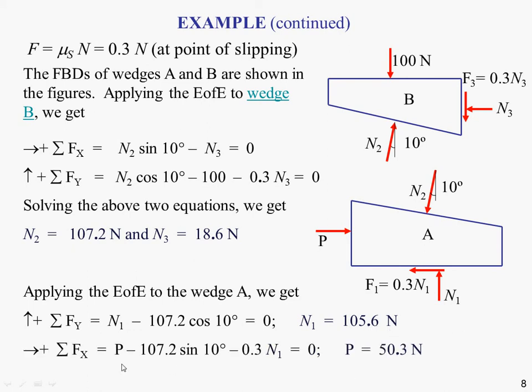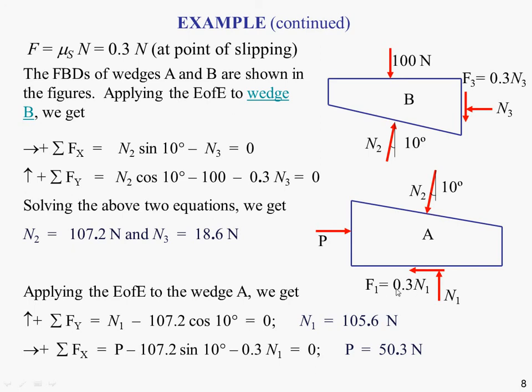And then if we apply the sum of the forces in the x direction equals 0, we have P minus the horizontal component of N2 here. So again, that was 107.2. The horizontal component is this opposite, so N2 sine 10 degrees in the negative direction, and the friction force on this bottom surface here.